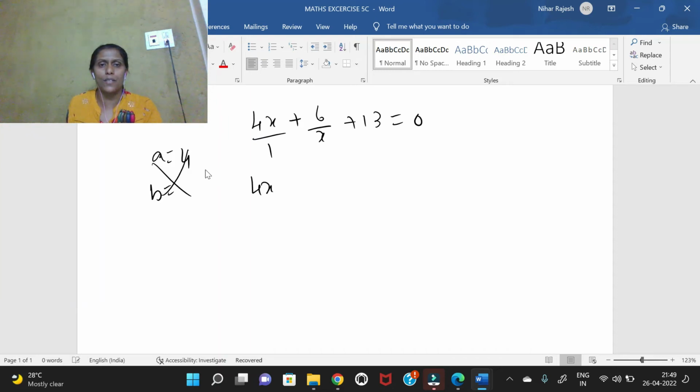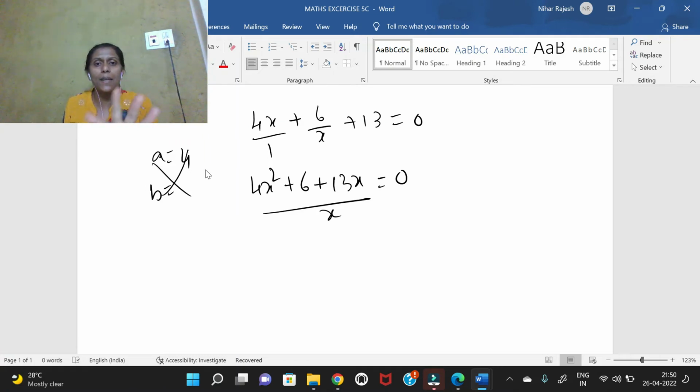It is 4x square plus 6 plus 13x divided by x is equal to 0. Why did I do this? Here there is a denominator with x, so we are supposed to do the LCM part and clear out this denominator. So x becomes the LCM. 4x into x is 4x square, 6, and then 13 into x is 13x. So 4x square plus 6 plus 13x is equal to 0.